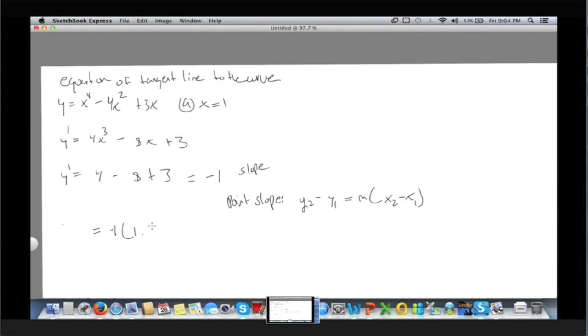Okay, so you might have forgotten how to use the point slope formula for a line. So let's review that. Let's back up for a second. So let's see, you have your curve.